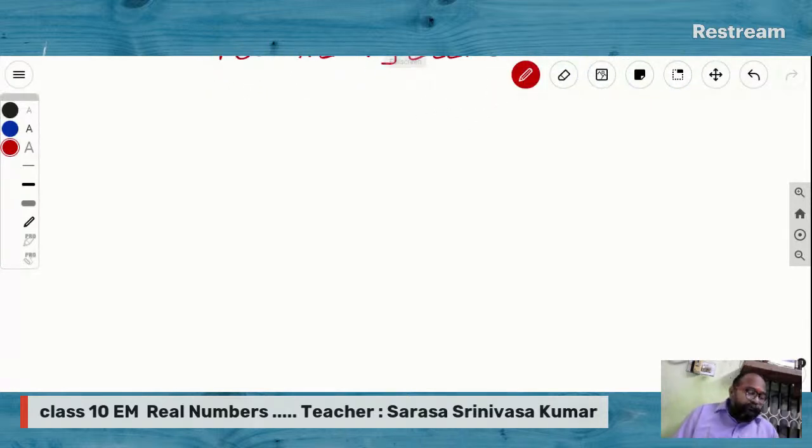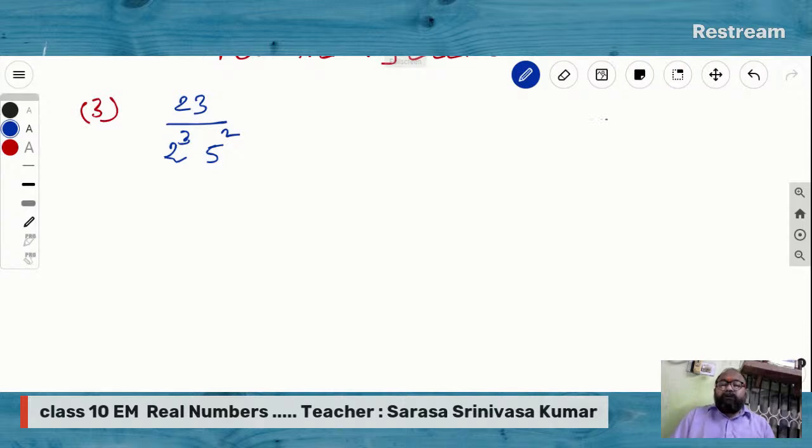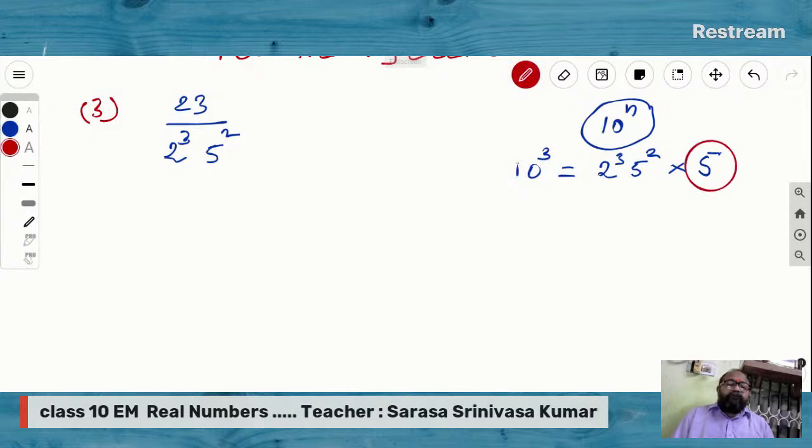Now, third problem, 23 by 2 cube 5 square. We want to get 10 power n form in the denominator. So, to get 10 power 3 in the denominator, 2 power 3 5 square must be multiplied by 5. So we must multiply by 5.